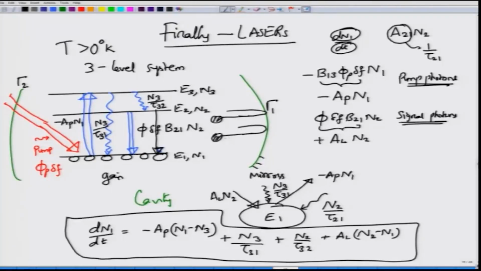Once they have hit the reflection, these photons would travel back towards the gain medium, where they will further cause stimulated emission, and these stimulated emission photons would again travel towards the second mirror, undergo a reflection at gamma 2 and then come back. So, inside the cavity they are circulating back and forth, thereby increasing the total population density of the signals.